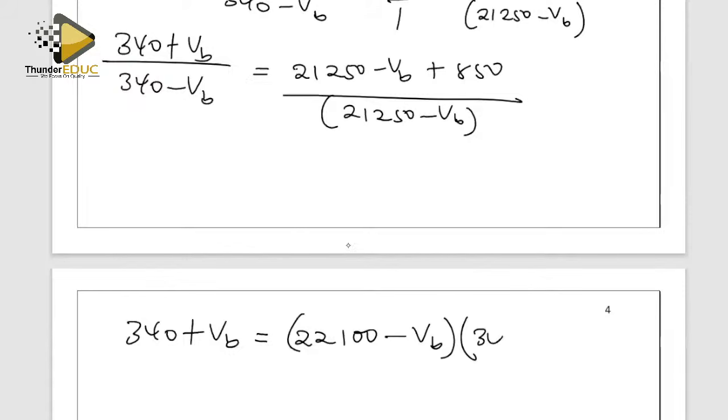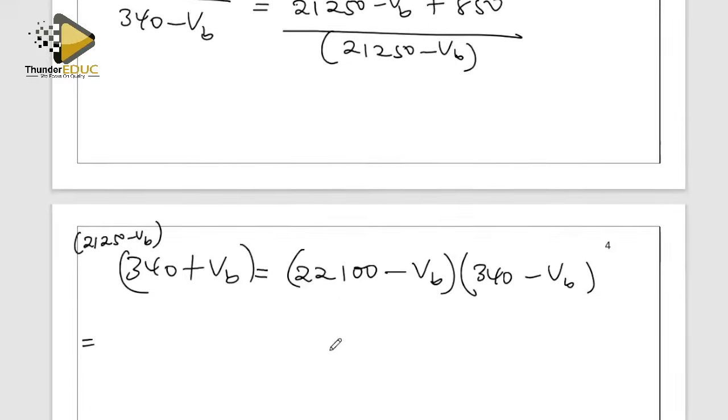This is going to be 340 minus VB. And then this is 21250 minus VB. We're multiplying it by that.